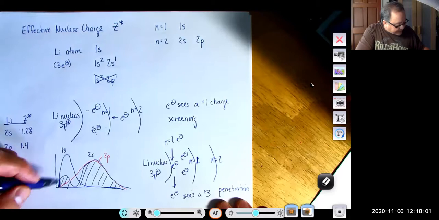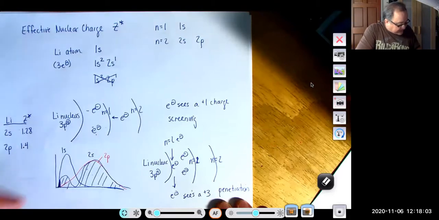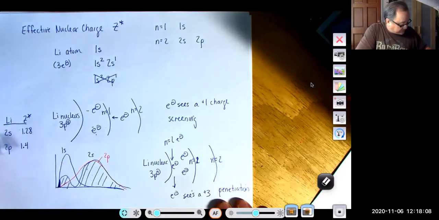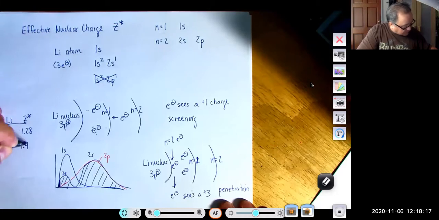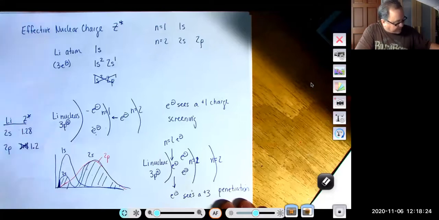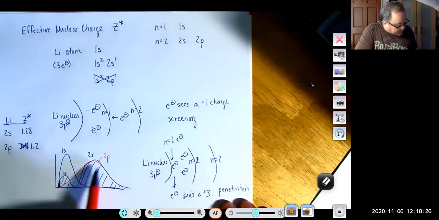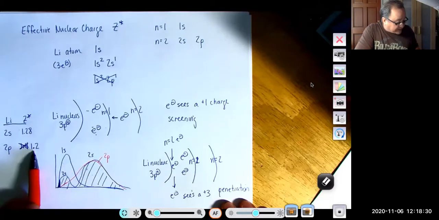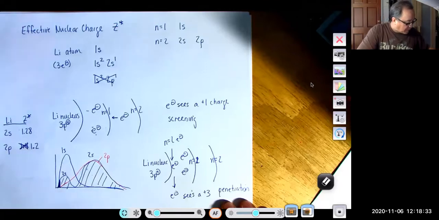And you can see that it doesn't penetrate. It doesn't get close to the nucleus as well as the 2s. So because it doesn't penetrate as well, oh, I'm sorry, this shouldn't be a 1.4. This should be more like a 1.2. My bad. Sorry about that. So because this doesn't penetrate as well, it spends more time on the outside, and it's going to be closer to 1 than the 2s.